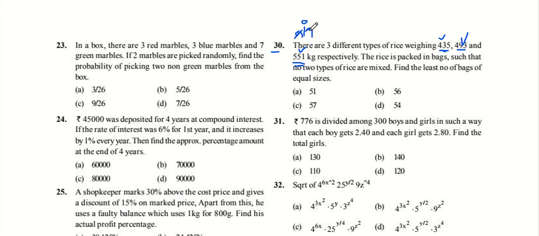No, 7 cannot be. Now 7 is not, 9 will also not be, because for 9 the sum of digits should be a multiple of 3 at least, or a multiple of 9. Now 9 is not. Then 10, 11. For 11, the alternate sum, suppose 5 plus 1 is 6, minus 5 is 1, should be 0 or a multiple of 11 to be divisible by 11. So 11 is not. 12 is not, because this is odd.